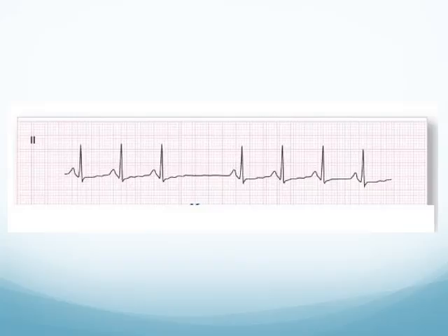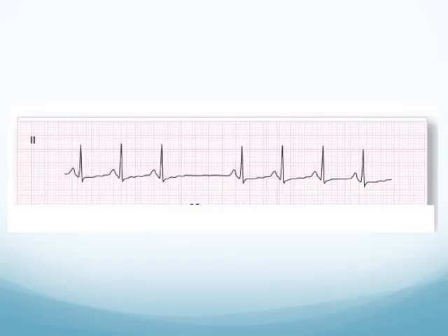So what we need to look at here is if our R to R interval marches out, and it appears that it does. We have an R to R interval that marches out, so more than likely this is a sinus block.